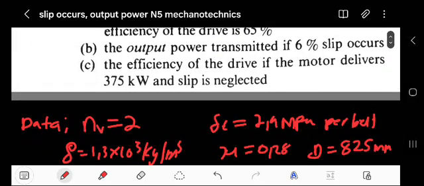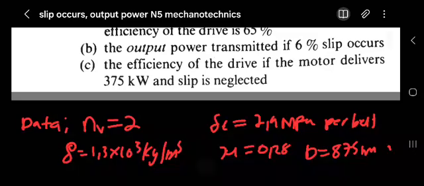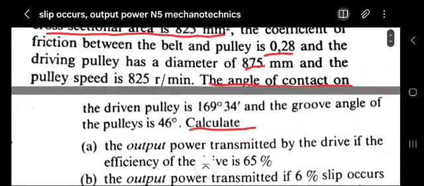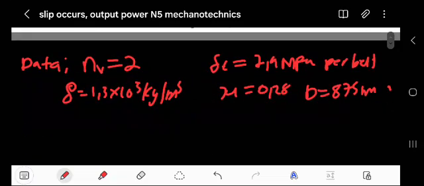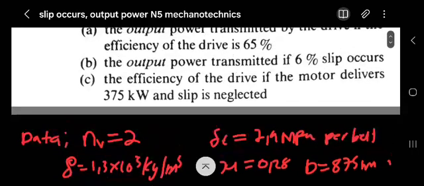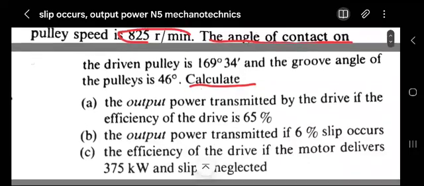Oh, this is incorrect. D will be equal to 875 millimeter. Then we've been given the speed of the pulley, 825 revs per minute.